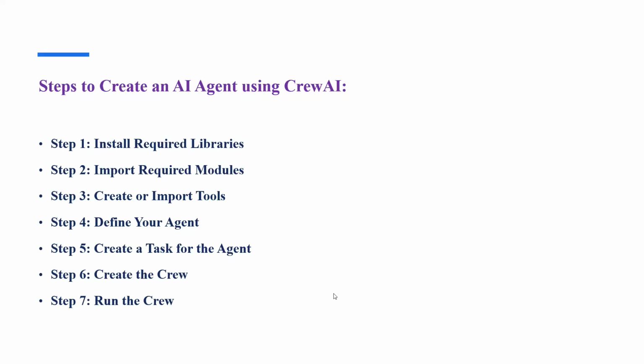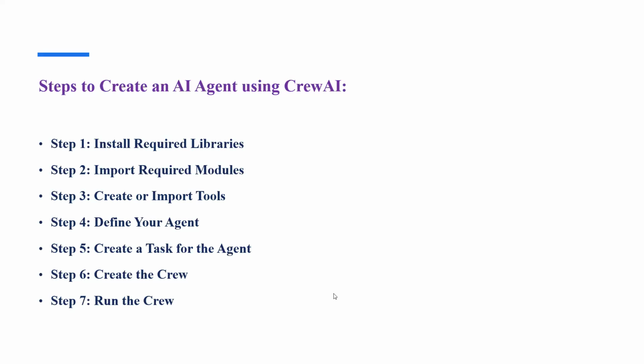After importing the tools, we go to step 4, which is to create an AI agent. Whatever the task is, we'll create an AI agent for that. In the last example, we created 4 AI agents. In this task, we'll create 3 or 4, whatever is necessary.